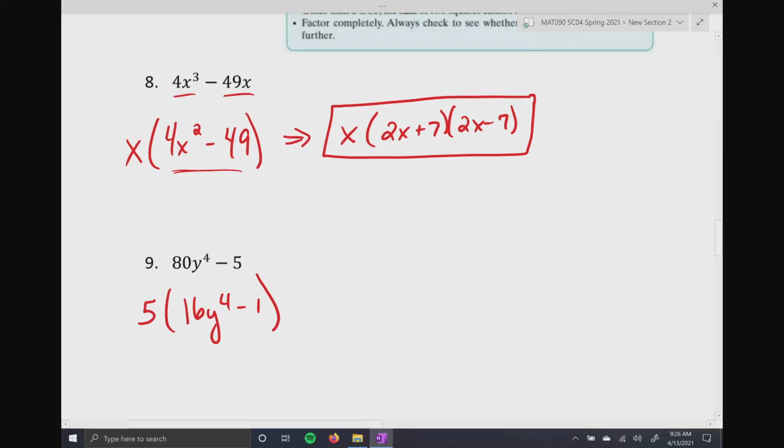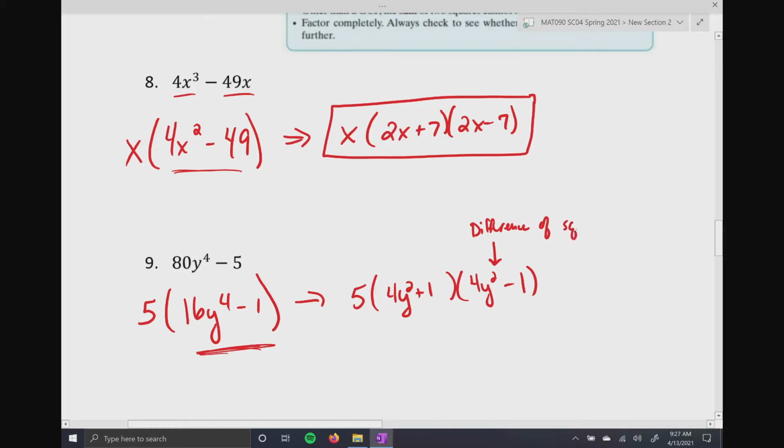Now, be careful. This 16y to the 4th minus 1 is exactly like that previous problem we did where we had that to the 4th thing. So make sure you check after you're done. So first, this is going to be 5 times 4y squared plus 1, and 4y squared minus 1. Now, this last binomial is another difference of squares.